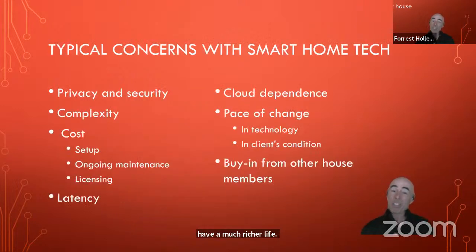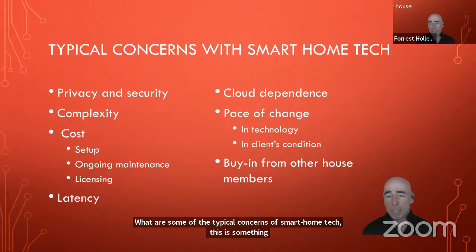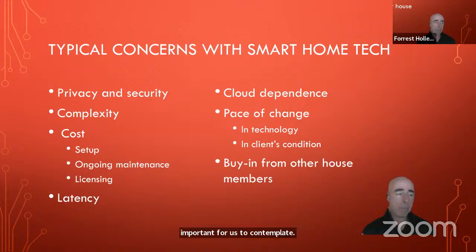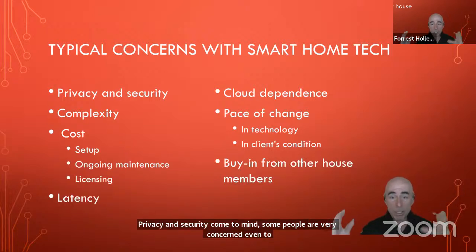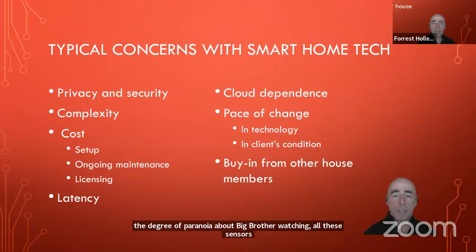What are some of the typical concerns of smart home tech? This is an important thing for us to contemplate. Privacy and security always come to mind. Some people are very concerned, even to the degree of paranoia, about Big Brother watching all these sensors and cameras. Is there going to be some kind of intrusion in my privacy? Is there going to be security issues?